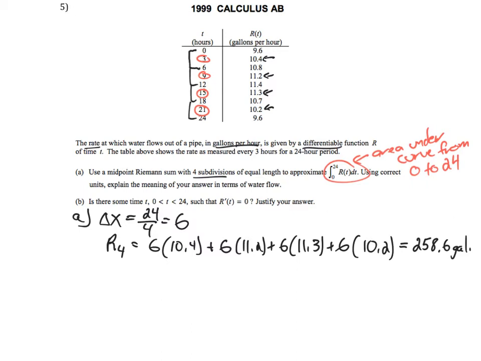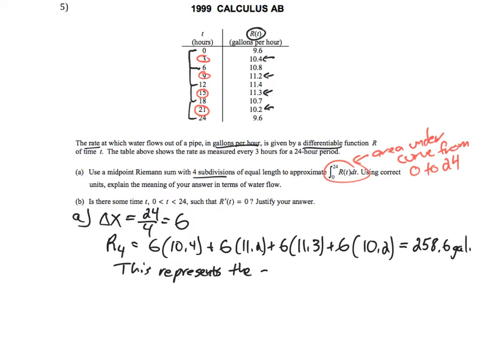And it says, using correct units, explain the meaning of your answer in terms of water flow. All right. So what we're given, we're finding the area under the curve of R of t, which is gallons per hour. So finding the area under that curve would give me total gallons. Let's write this out. This represents, and since a Riemann sum is an approximation, it's not the actual area under the curve, I'm going to say approximate.